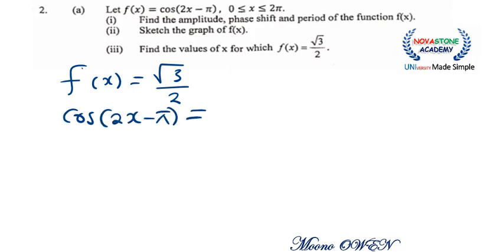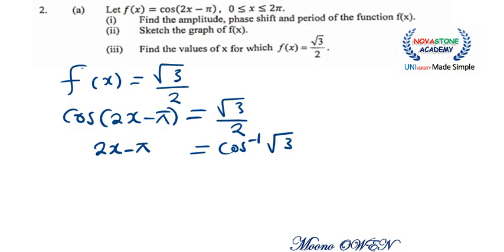So we're saying this is equal to the square root of 3 over 2. Now if this is what we have, what is square root of 3 over 2 in terms of angles, and this is cos, so basically that is an angle. Okay, so how are we going to do this? We're going to have 2x minus pi, cos inverse of square root of 3 over 2.